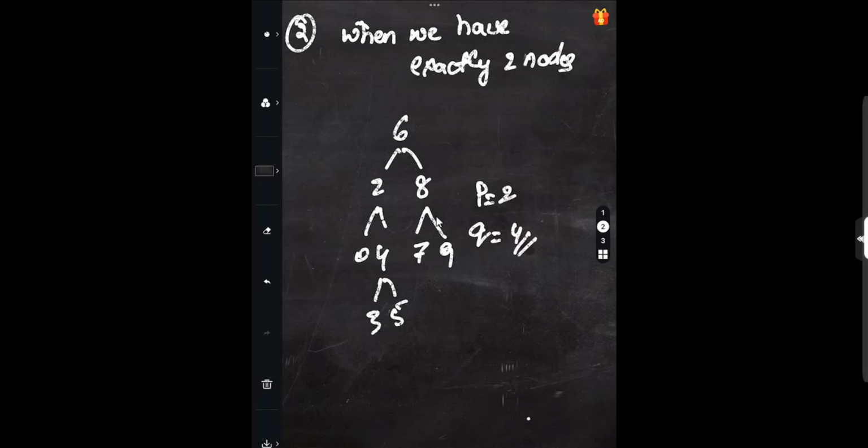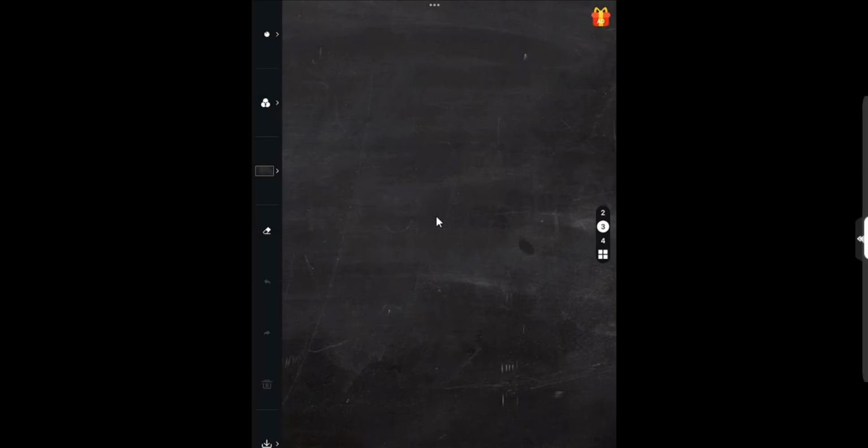When we have only 2 nodes, we know that a node is a descendant of itself. I'm taking the same example so that it will be easier to understand, right? Since 4 is in the right subtree of 2, 2 is the lowest common ancestor. 2 is the LCA, so the output is 2 in this case, right? This is for the condition when we have exactly 2 nodes.